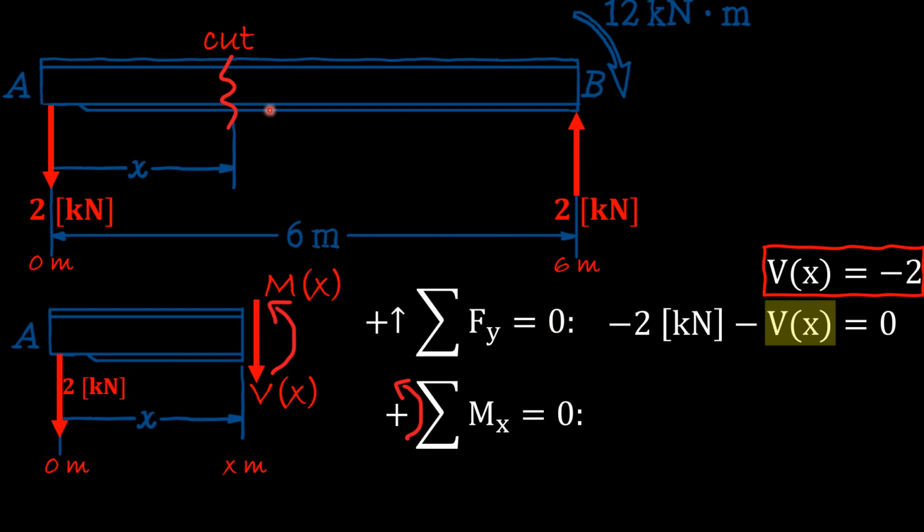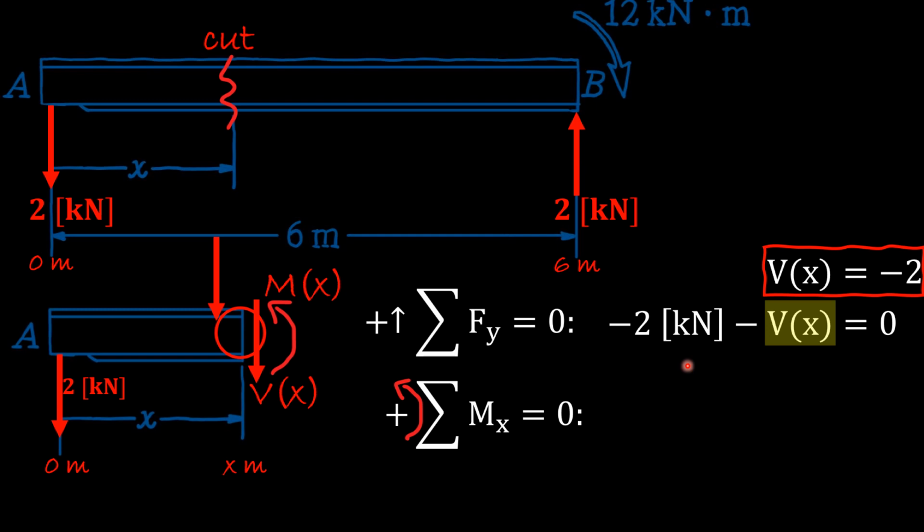So we said we are summing the moment at x. The first thing I do is draw a center of the circle at the axis of rotation where we are taking the moment. We know that moment is force times the perpendicular distance. So here we will have the 2 that will move to the right here.